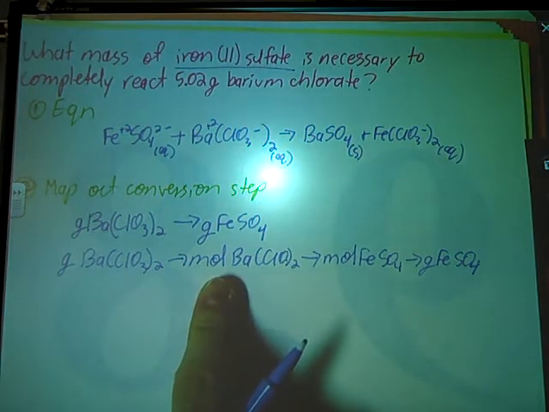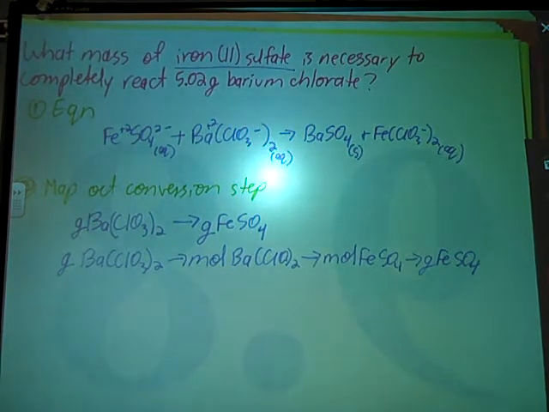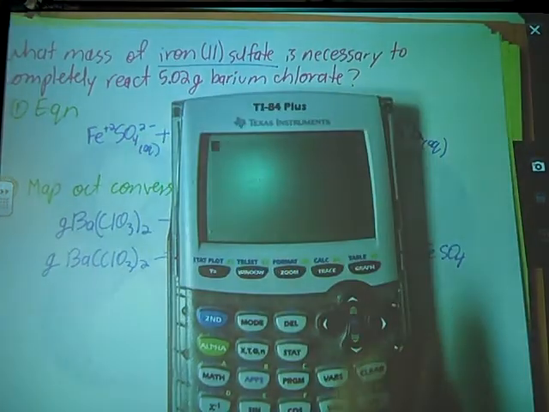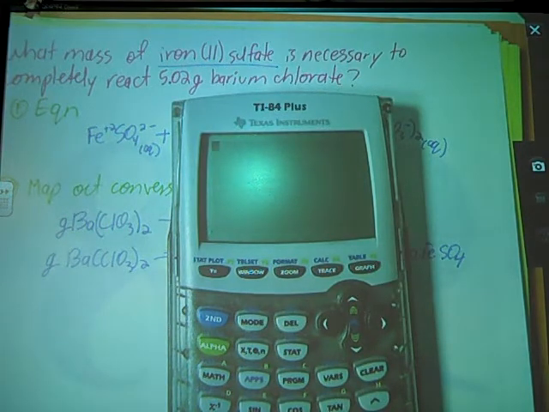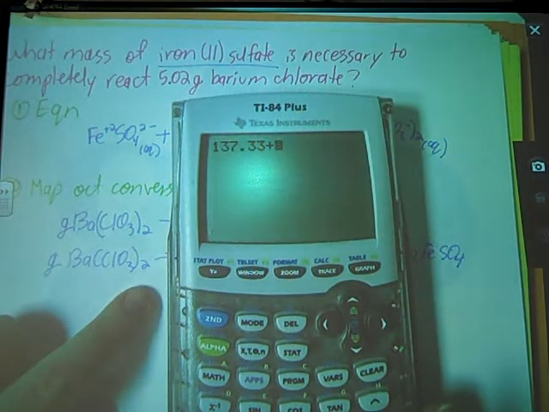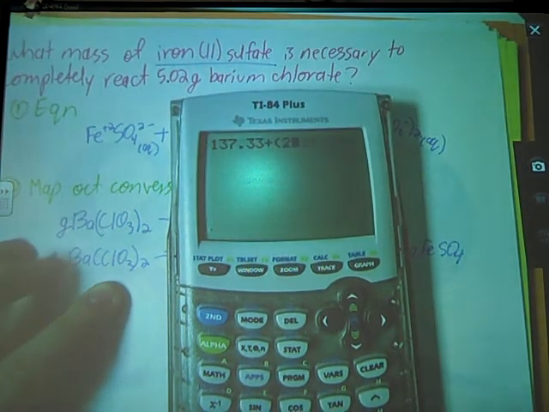First one here, grams to moles, our good old buddy formula mass. You should be real familiar with this guy by now. So let's see. Barium is, where's his mass? That's one of the ones I don't know by heart. 137.33 plus, now be careful, I have 1 chlorine per chlorate, but I have 2 chlorates. So that's 2 chlorines I need to include.